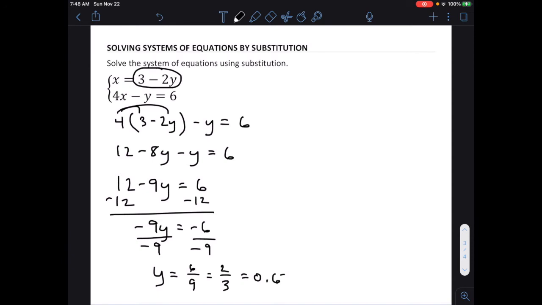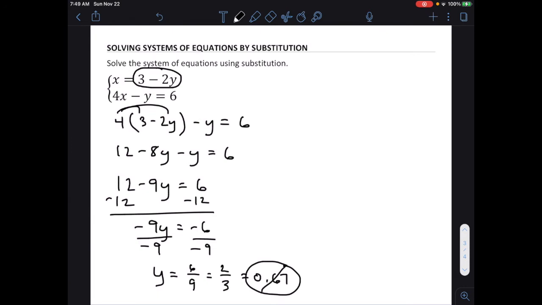I would not do that because what you introduce by doing that is rounding, and you're going to end up with a decimal for your y value, and we don't want that. So I'm going to circle that and put a line through it and say don't do decimals, keep it as a fraction, and we'll just use this fraction now to find x.